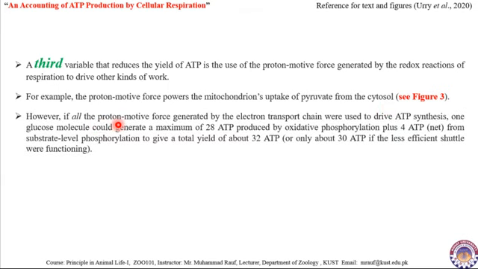However, if all the proton motive force generated by the electron transport chain were used to drive ATP synthesis, 1 glucose molecule would generate a maximum of 28 ATP produced by oxidative phosphorylation plus 4 ATPs produced from substrate level phosphorylation to give a total yield of about 32 ATP molecules, or only about 30 ATPs if the less efficient shuttle were functioning.